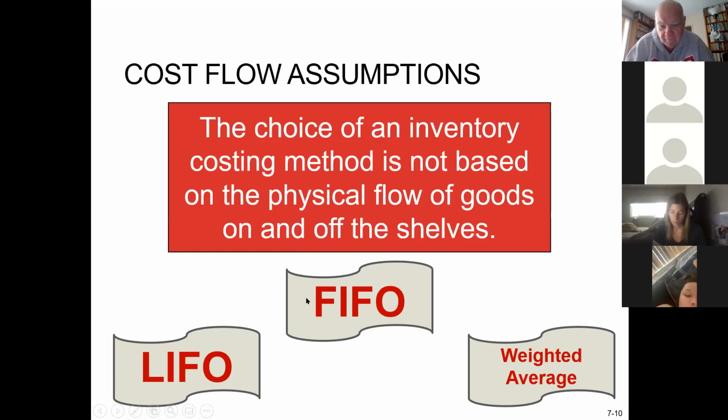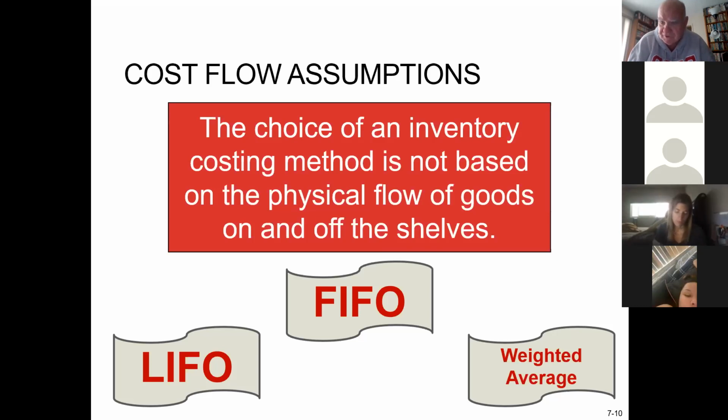LIFO, FIFO, weighted average. FIFO, first in, first out. This is the most logical one, I guess. It's the easiest to visualize. We're selling first in, first out. We are selling the very oldest goods first and costing those.